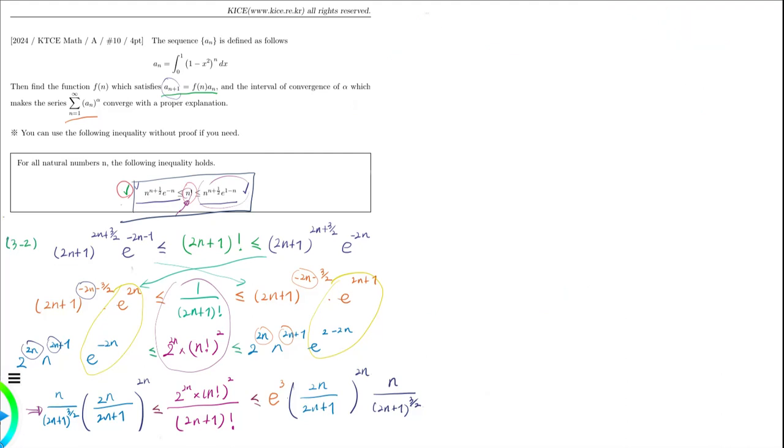By the way, we have an interesting factor here, which is 2n over 2n plus 1, to the 2n power.